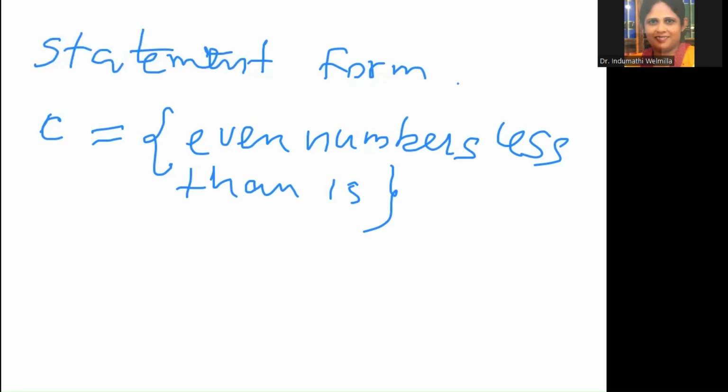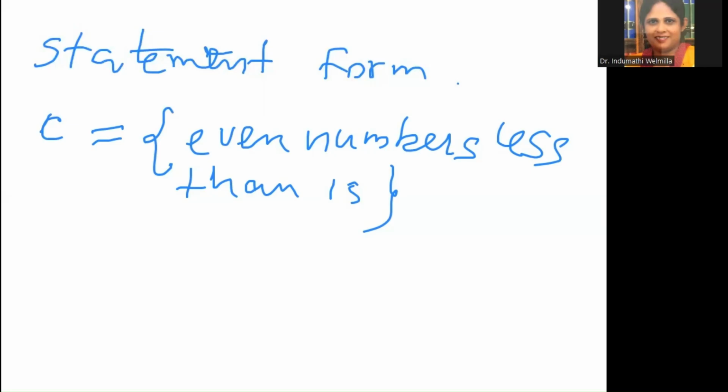However, you have to know how to represent a set by using the different notations or methods, right? Because the three most popular methods that we can use to represent sets are set builder form, roster form, and statement form.